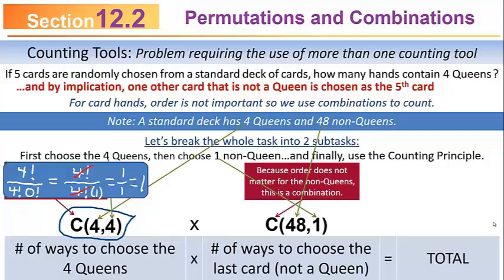Remember, 0 factorial is defined to be 1, and the 4 factorials just cancel. So if you cancel the 4 factorial from the numerator, you're just left with a 1. And down bottom, you're just left with a 1. So that calculation turns out to be 1. And it's a general rule. We haven't proven it. But anytime the 2 numbers in the combination are the same, the answer will always be 1. But you can see why that is if you think about it. In any case, that one's 1.